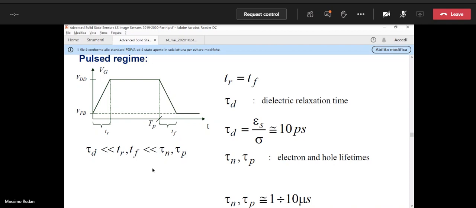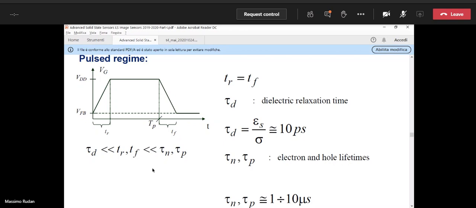Okay, of course, the conductivity depends on the dopant. So if we take a typical value of the dopant in the range of 10^15 or 10^16 dopant atoms per cubic centimeter, then the dielectric relaxation time is in the range of the picoseconds. Okay, so it is much, much smaller than the lifetimes, and the rise time and the fall time are in between.